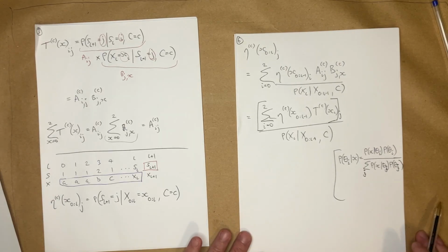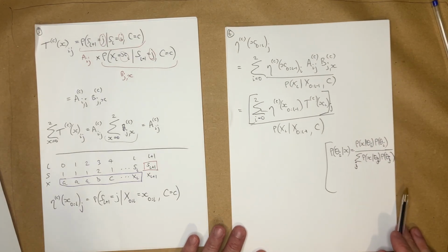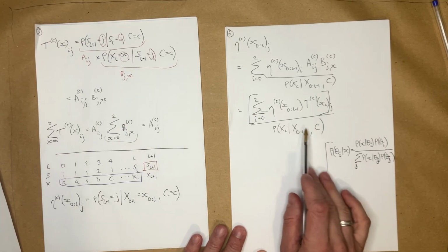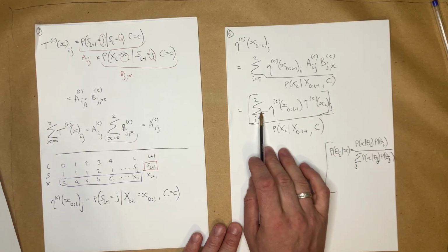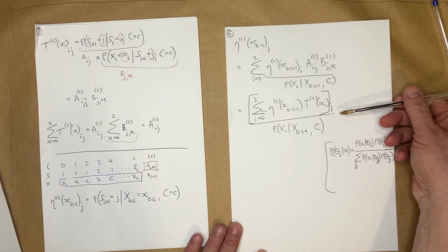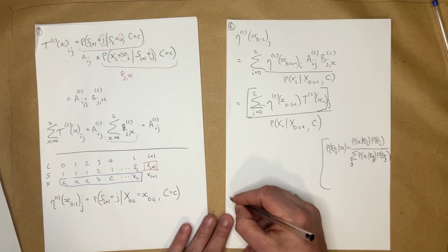So I can now borrow that form and write the same thing. I'm now going to rewrite this denominator here in the form of this numerator, but it's going to be summed over all possible values of j, just like I've demonstrated here.